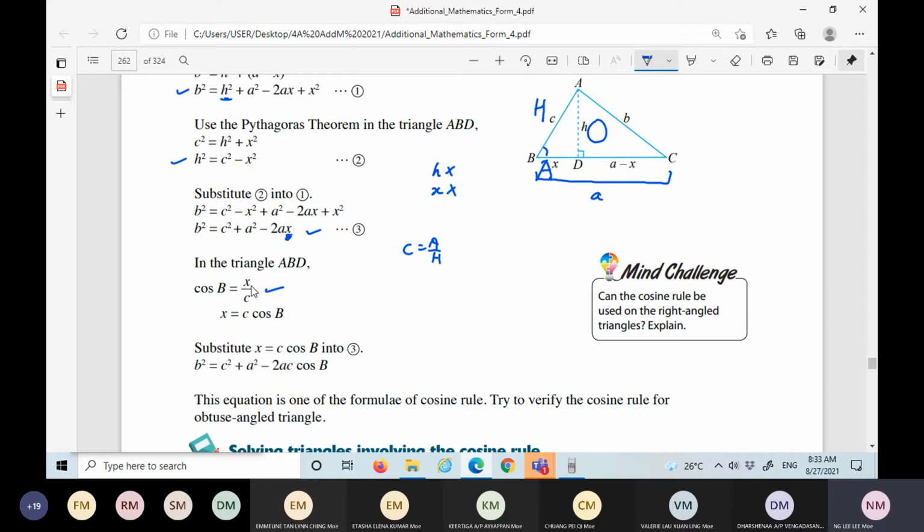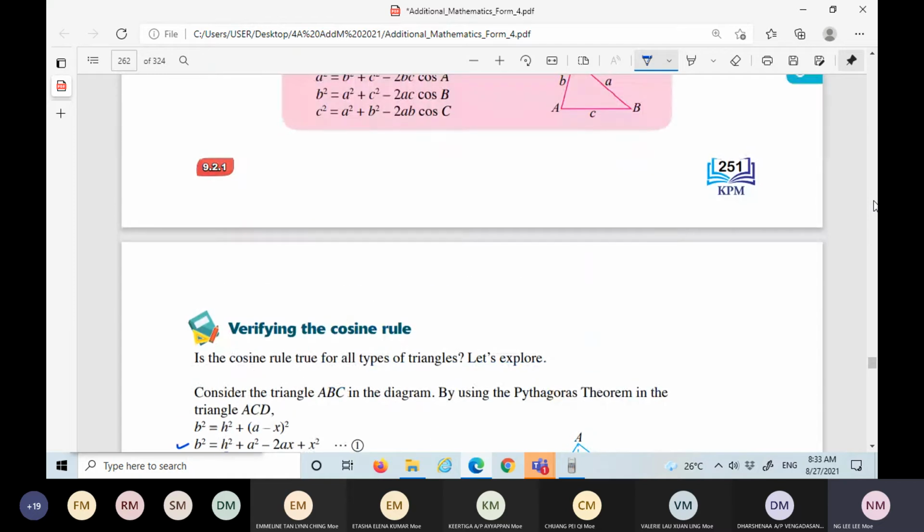Now you can get rid of the X. You write X as the subject, so X is equal to C cos B. Replace this X with C cos B, so this is what you have. This is one of the cosine rules. Go back to the formula, this is one of the cosine rules.